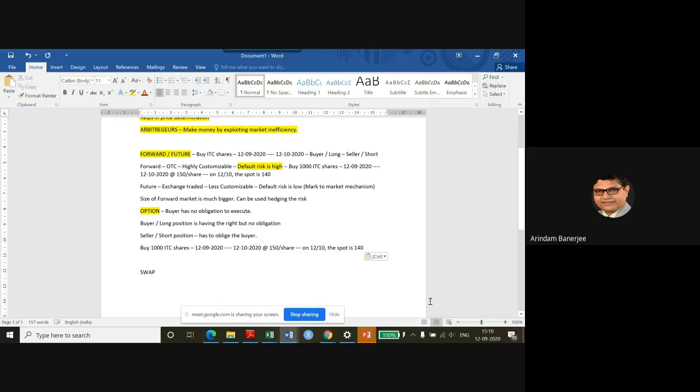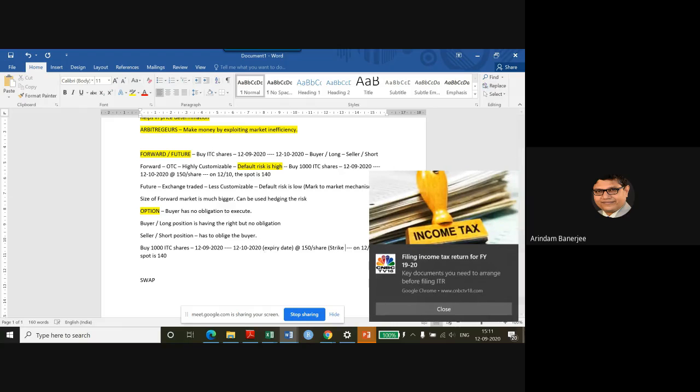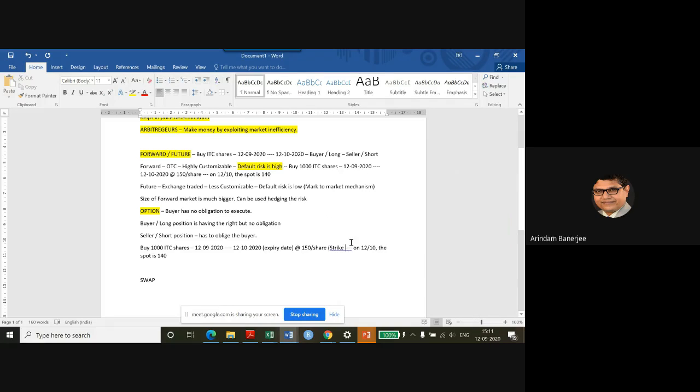The two parties, buyer and seller of the option, entered into a contract to buy 1000 ITC shares on 12 September 2020, which is my expiry date, at 150 per share. This I will call my strike price.